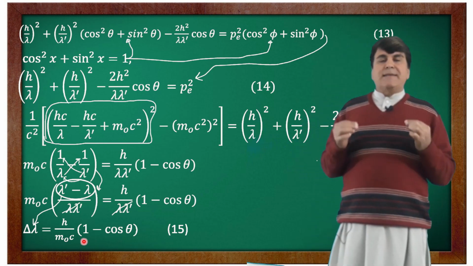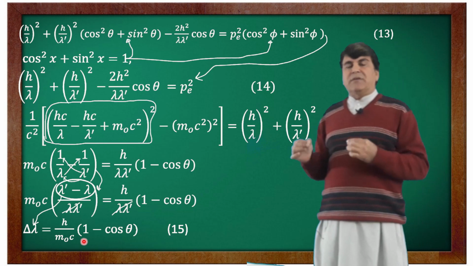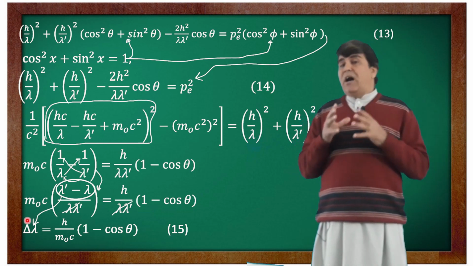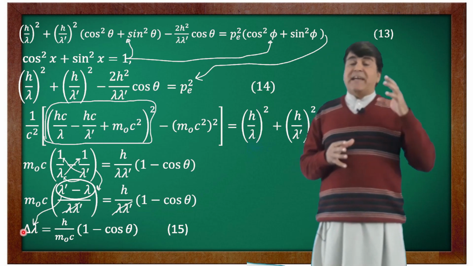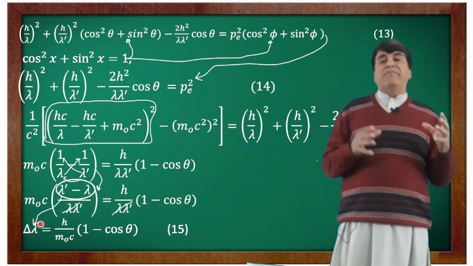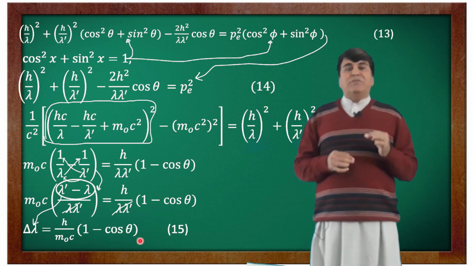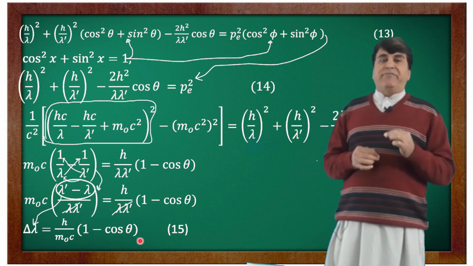Equation 15 is the result of the theoretical setup of Compton model. Let us see how this result can explain the experimentally observed data of Compton experiment. One thing more, Δλ in this equation is called Compton shift.